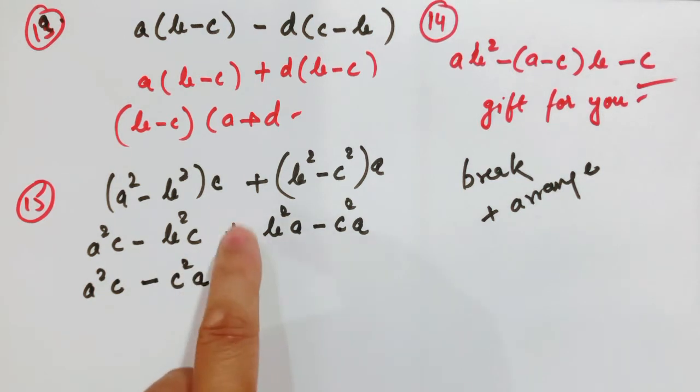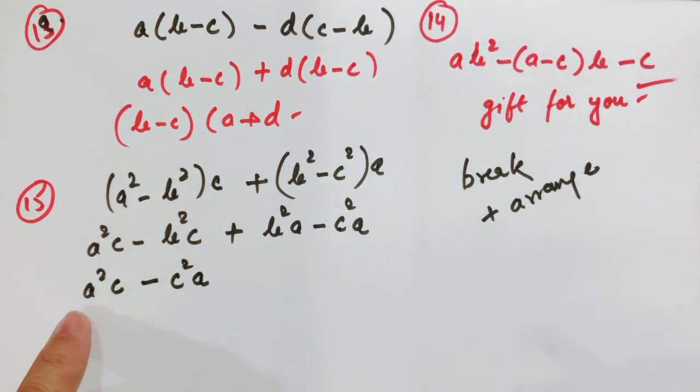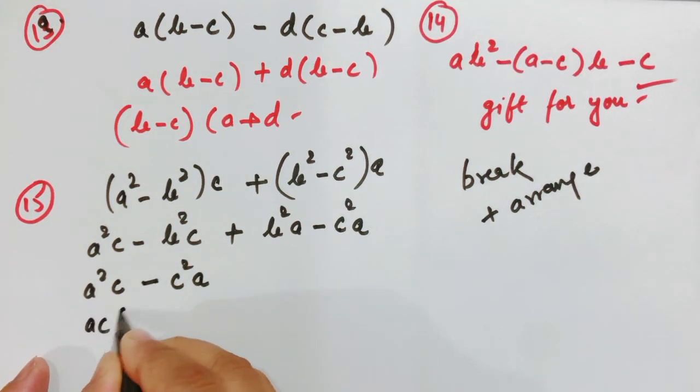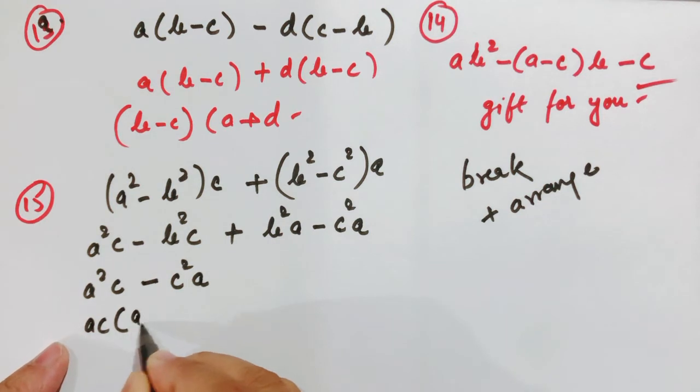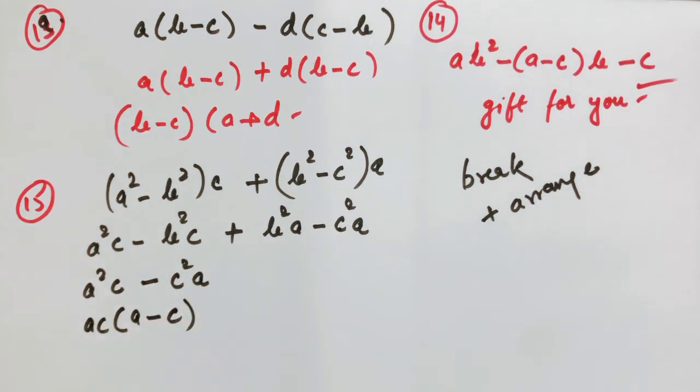Similarly, here you will get a minus. 1 minute, एक मिनट, हमने कुछ गलती किया है क्या यार? Let me see. a square c and then ac square. ठीक है. What are we going to get? When I'll take ac as common, so I will be getting a minus c over here. ठीक है.